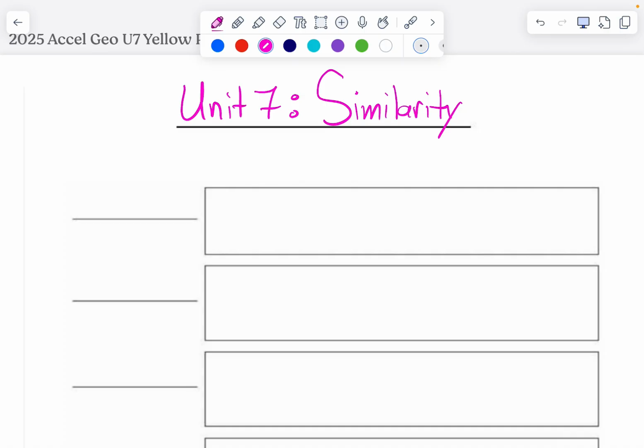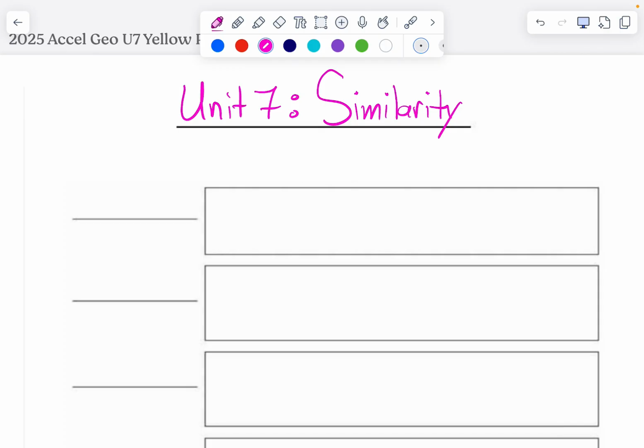Geometry is so interesting because we have such different unit names and titles and concepts than the other maths that we do. Like we would never, well, maybe not never, but just as similar, the word similar is a title of a unit. It's cool. Geometry is good stuff.